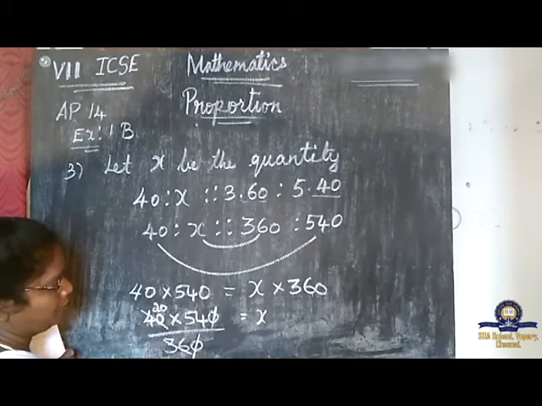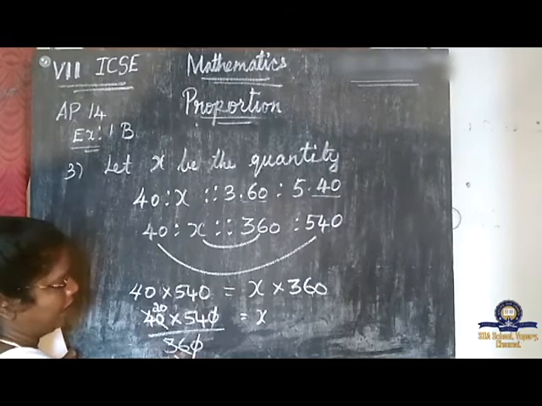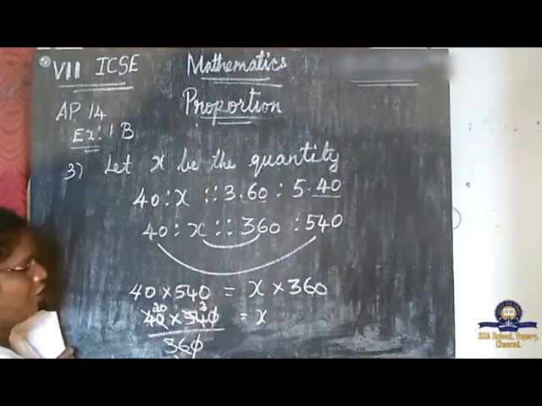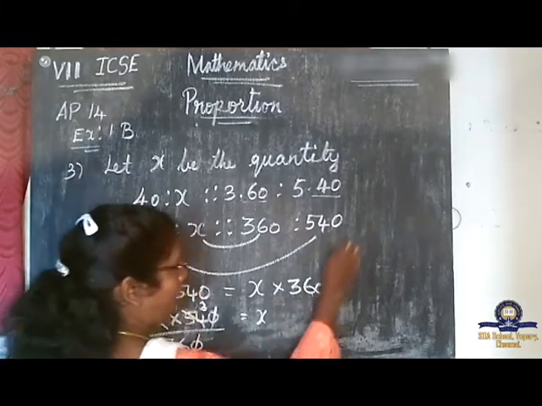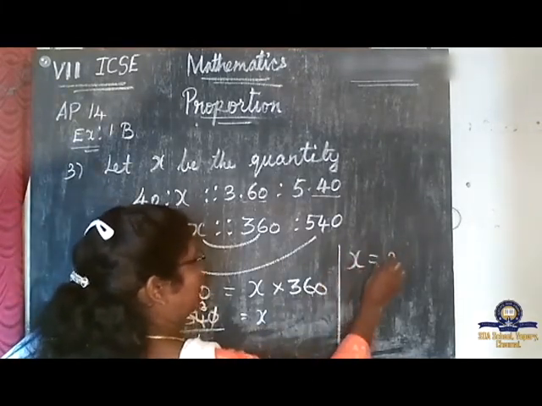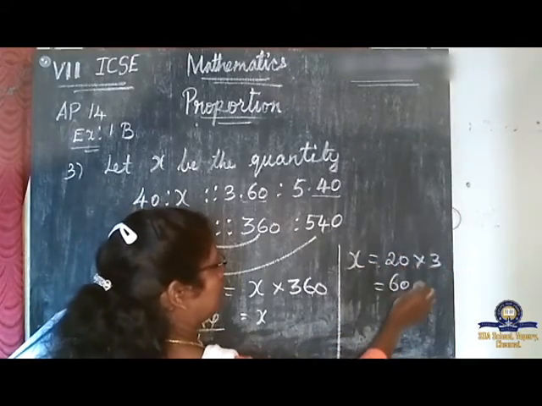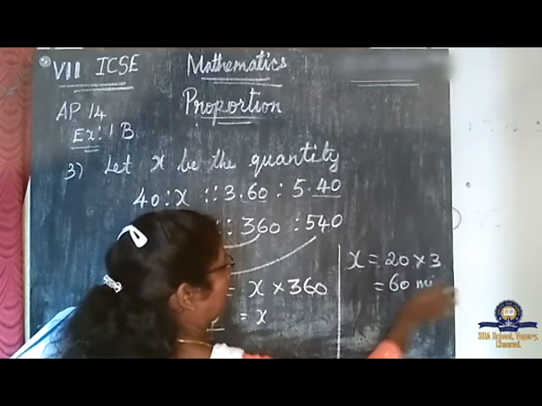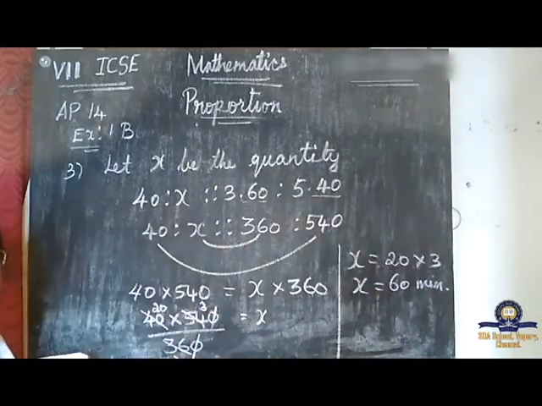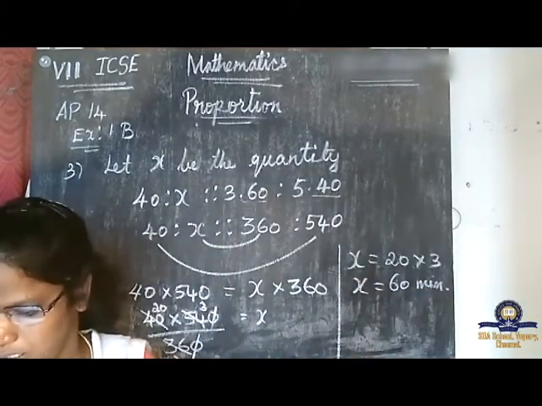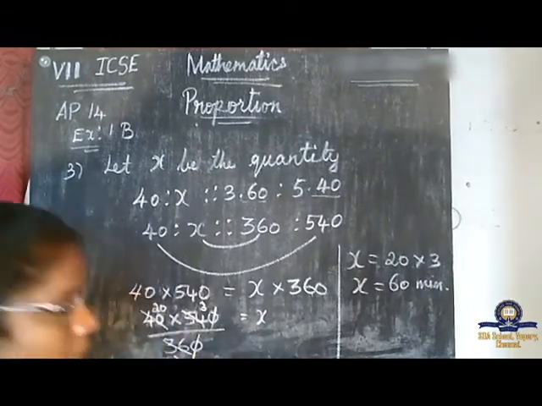Again what can we do? 1 18s are 18. 3 times 54. Now what is left? Therefore x is equal to 20 into 3, that is 60 minutes. X is equal to what? 60 minutes. Understood? Okay.